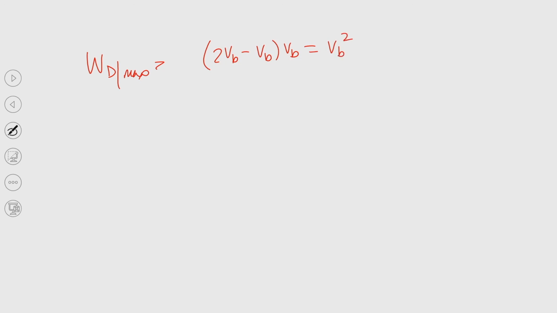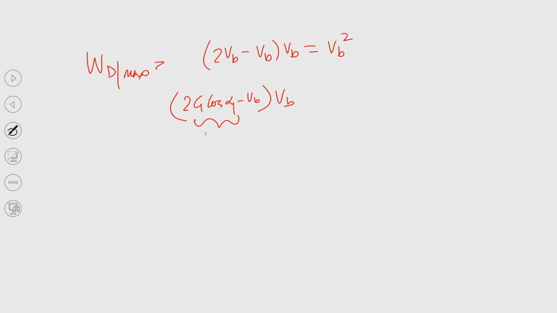So, basically you understand that twice C1 cos alpha 1 minus Vb into Vb. Okay. So, this C1 cos alpha 1, right. So, C1 cos alpha 1 is Vb optimum.